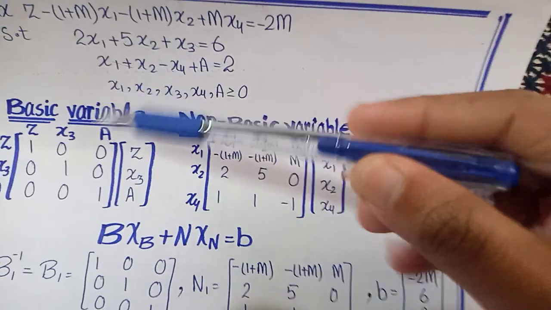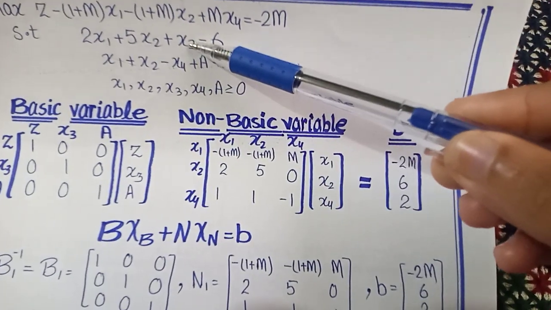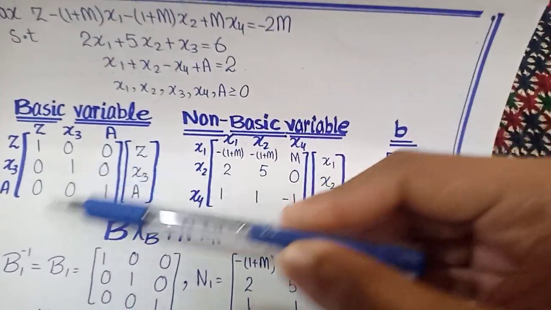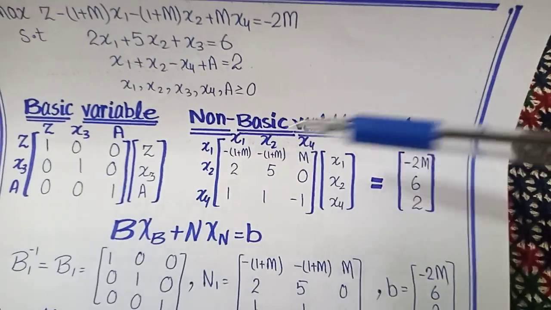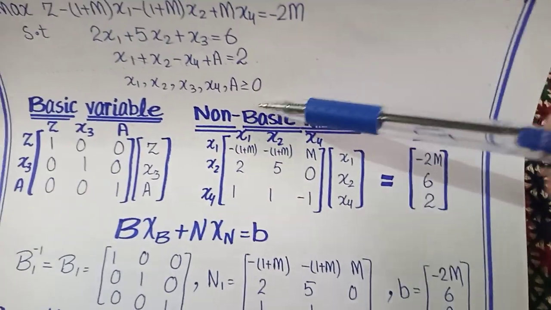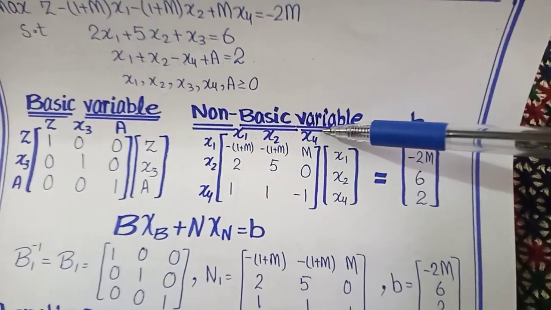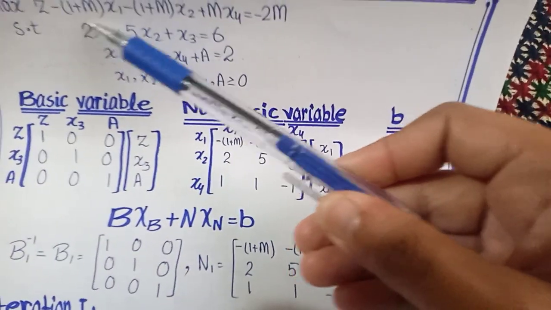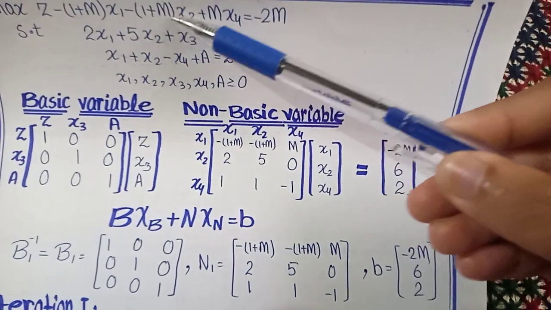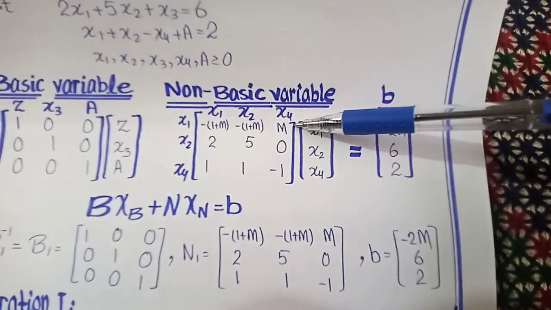The non-basic variables are x1, x2 and x4. x1 is minus 1 plus m, minus 1 plus m and m.